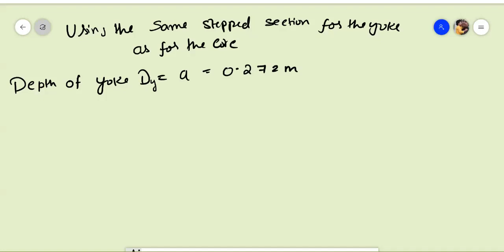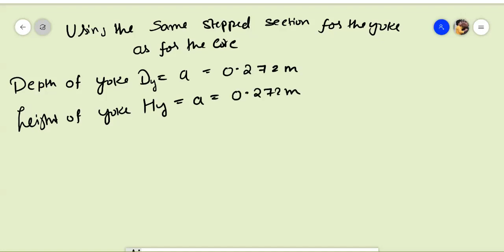And since it is a square, our height will also be the same. So height of yoke hy will also be equal to a, that is equal to 0.272 meter.